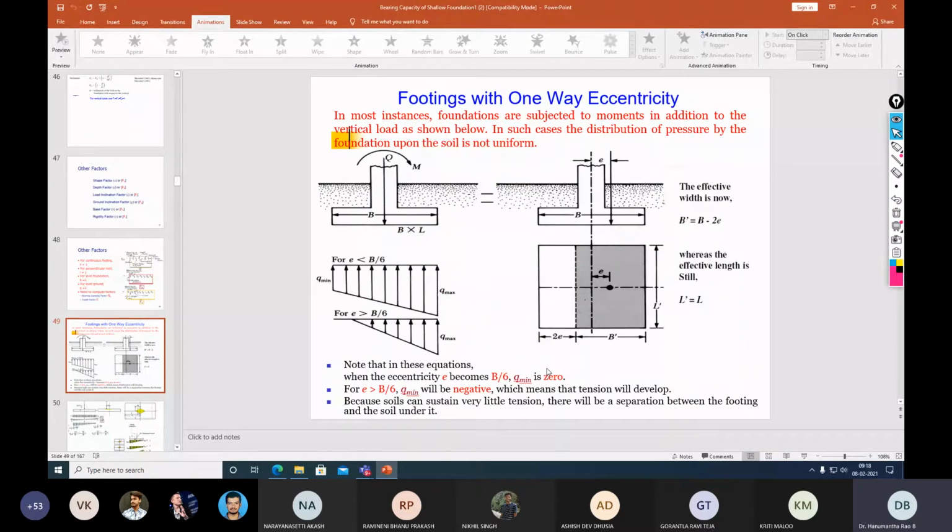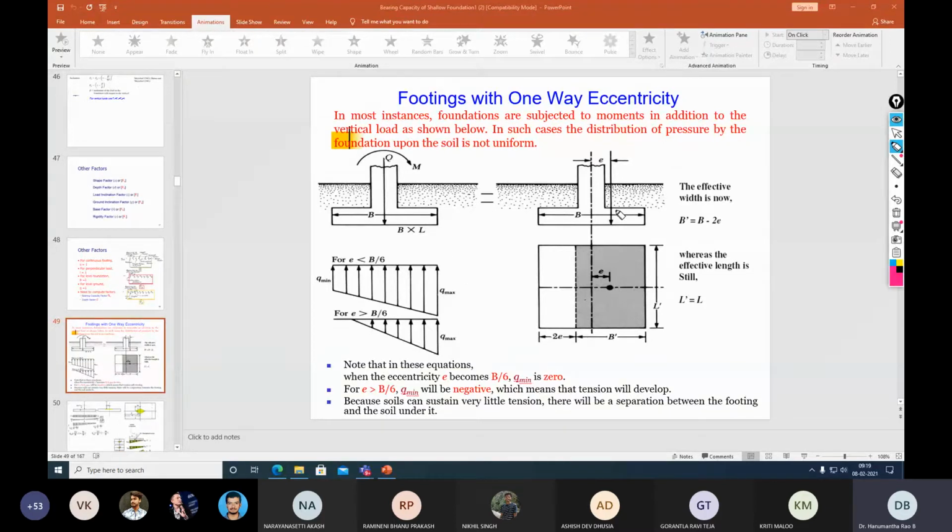So we have seen the equations for when the footing is subjected to axial load. But how should I calculate the bearing capacity if my footing is subjected to eccentric load or moment or inclined load, and so on? So let us see. This is the case which we did discuss.